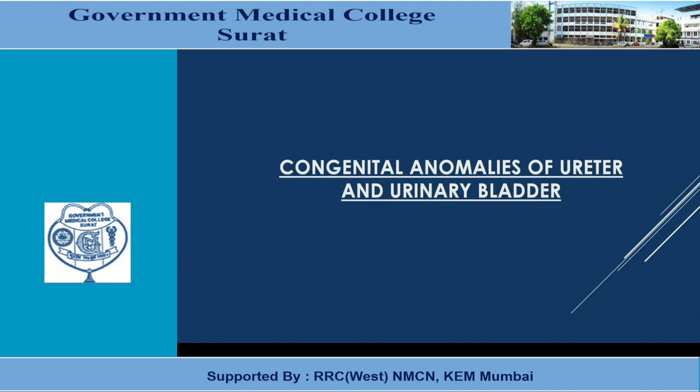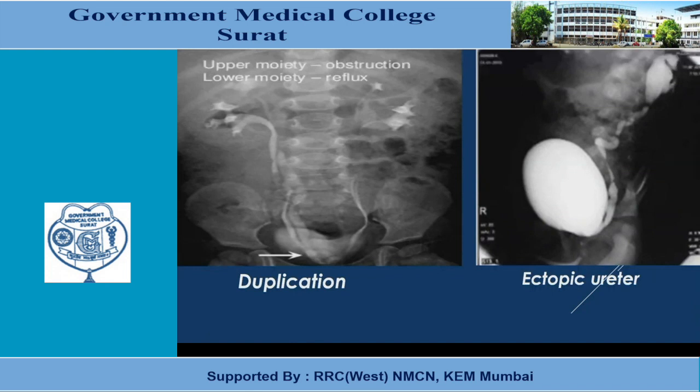A few congenital anomalies of the ureter and urinary bladder. As you can see, this is a duplex pelvicalyceal system with duplication of the ureter. An ectopic ureter may not normally open into the bladder, but may open into the posterior urethra.